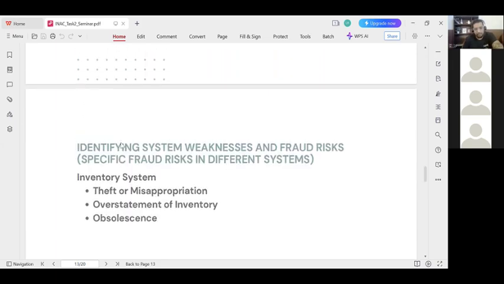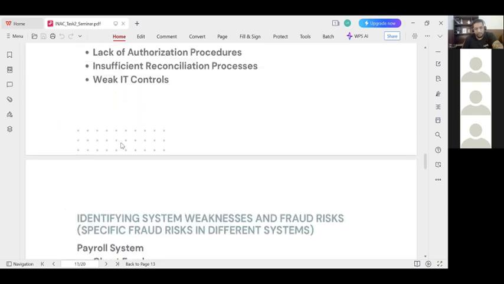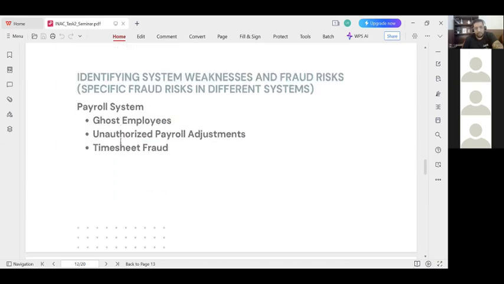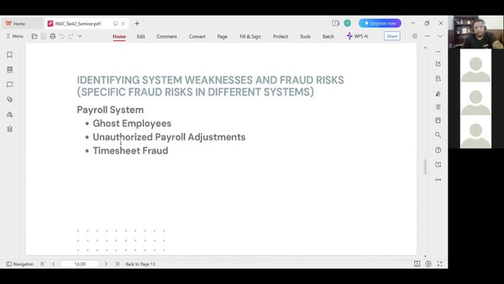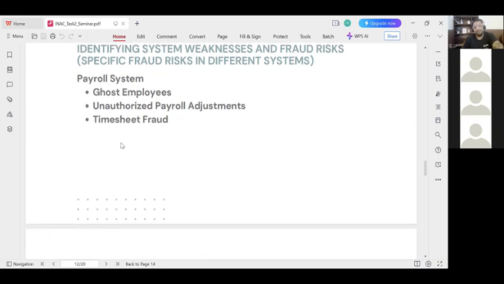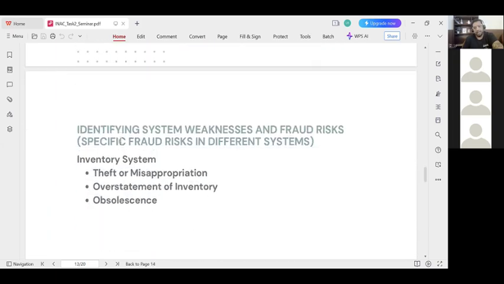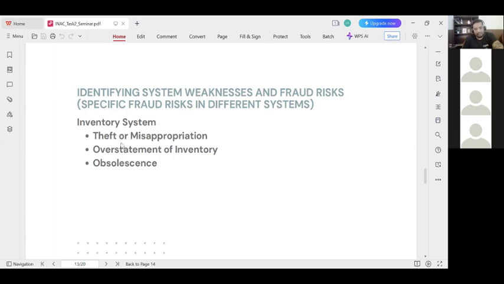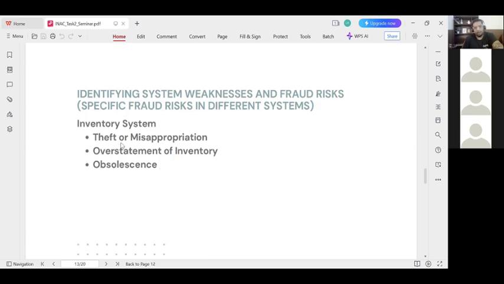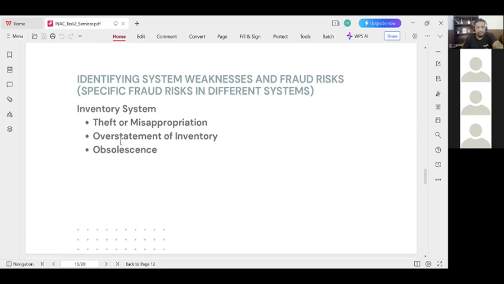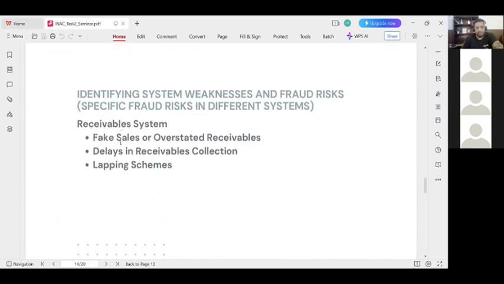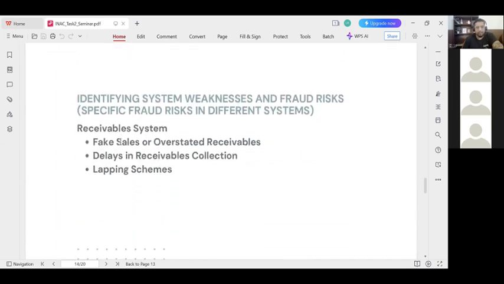Let me just quickly recap what we talked about so far. We are identifying weaknesses in certain systems. In payroll, you can have ghost employees, unauthorized payroll adjustments, and timesheet frauds. In the inventory system, you have theft or misappropriation, overstatement of inventory, and obsolete inventory, which you're still valuing wrongly.